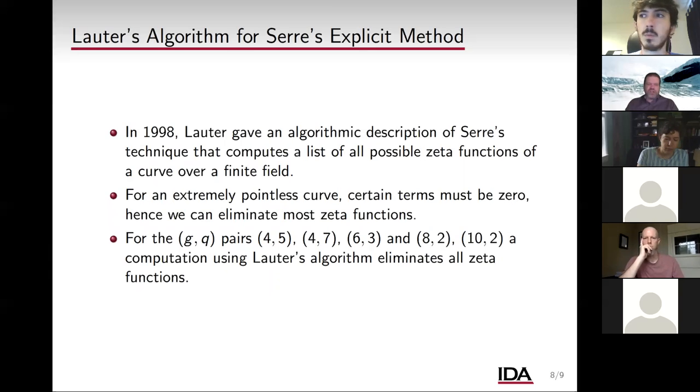So you can compute a list of all possible zeta functions of a curve over a finite field. And for an extremely pointless curve, you've got a lot of conditions from terms that have to be 0, and you can eliminate most of the zeta functions. And so for 5 of those pairs, using Lauder's algorithm eliminates all of those zeta functions.